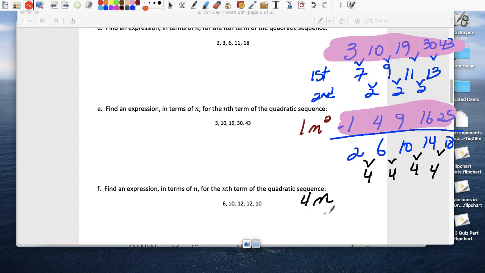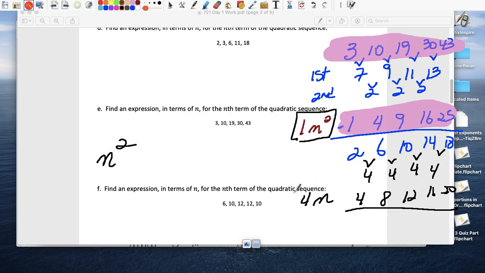So we know it's a sequence that goes by 4. And what does a sequence that goes by 4 look like? Well, the first term is 4, the second is 8, 12, 16, and 20. So here's my answer so far. My expression is n squared, which is this, plus 4n.